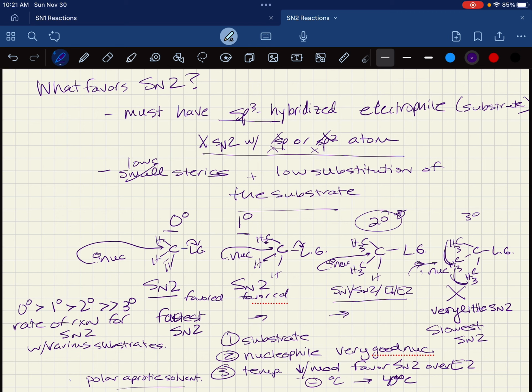So you will see other things, but if given the choice, and you want to make a reaction work better with SN2 and it's not working well, then going to a polar aprotic solvent rather than a protic solvent would be better.